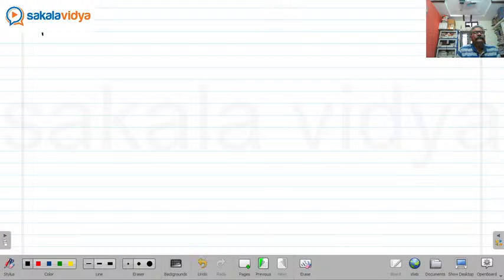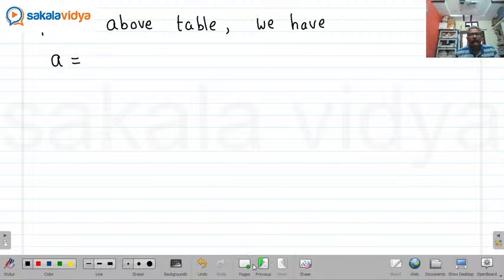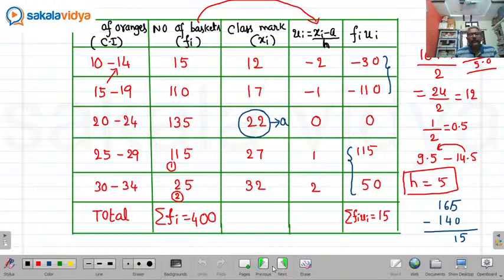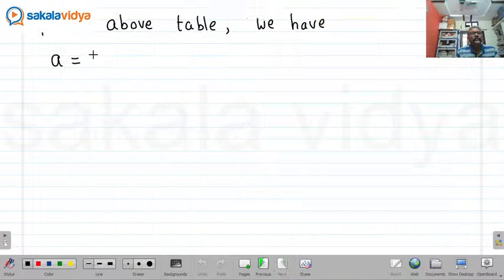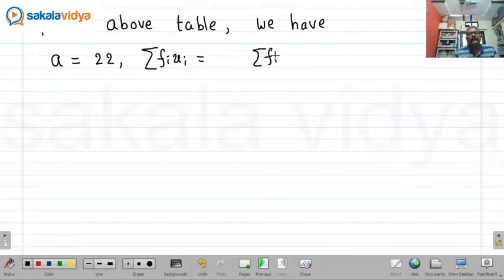So from the above table, we have A is equal to 22. Sigma Fi Ui, next sigma Fi and H value, we need to write it.